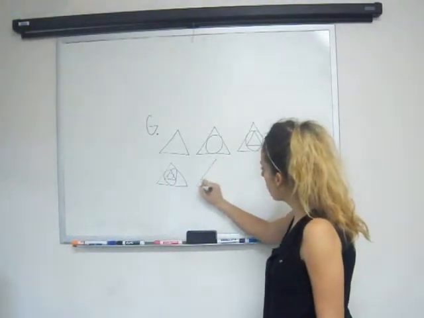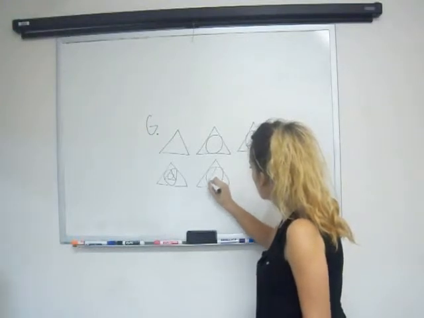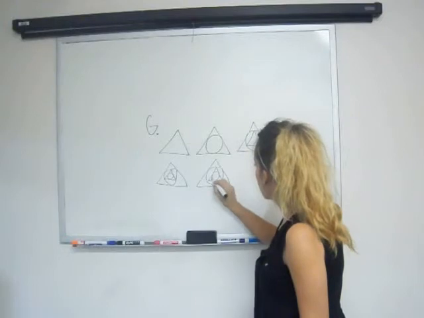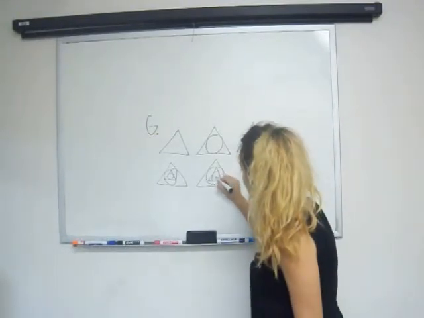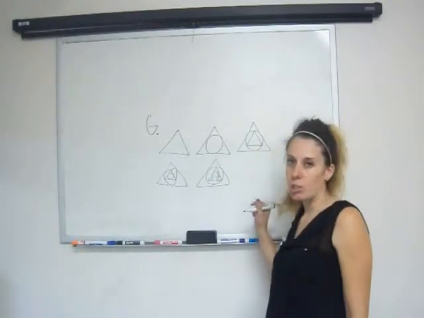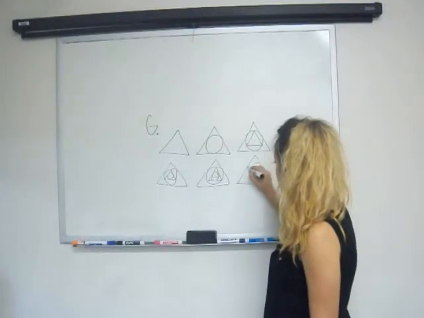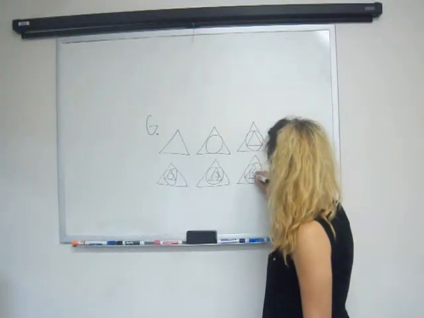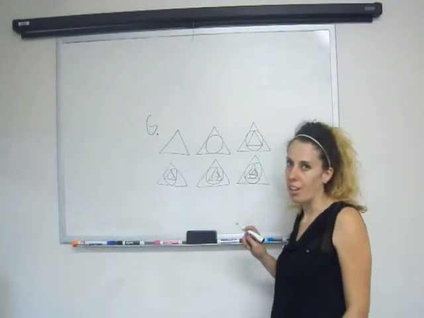And it looks like the next one is going to be triangle, circle, triangle, circle, and then I'm thinking another triangle inside the circle again. And then our very last one, it looks like to me, is we're going to have a triangle, a circle, a triangle, a circle, a triangle, and then lastly like a little tiny circle inside of there.